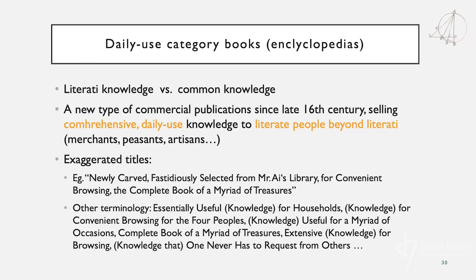That was the mainstream of knowledge. All the publications were written by literati, they were read by literati, and most of them were to prepare them to become part of the government, to assist the emperor to govern the whole empire.